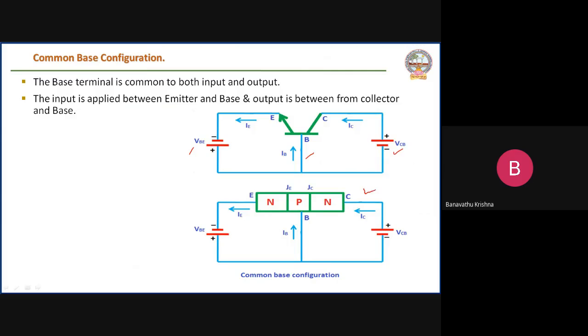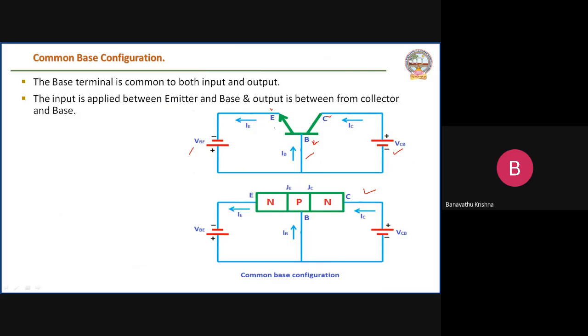This is the structure of the bipolar junction transistor in common base configuration. Here we apply the input voltage between emitter and base. Similarly, the output is between collector and base.